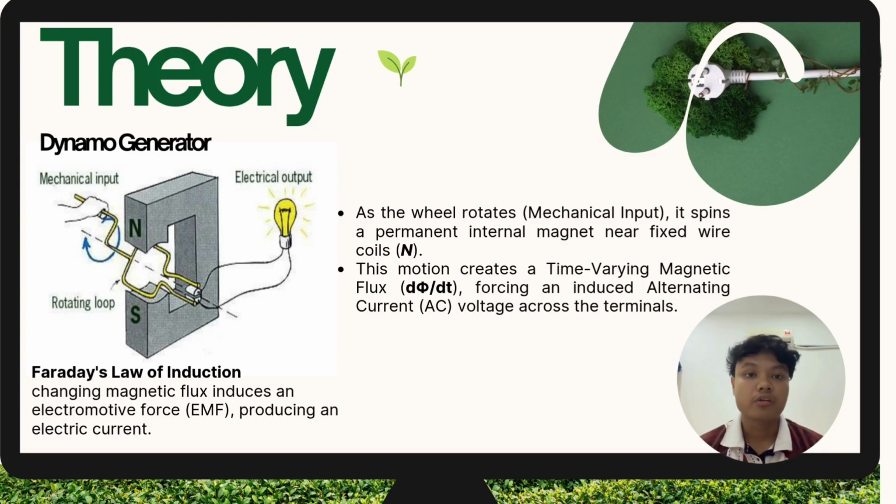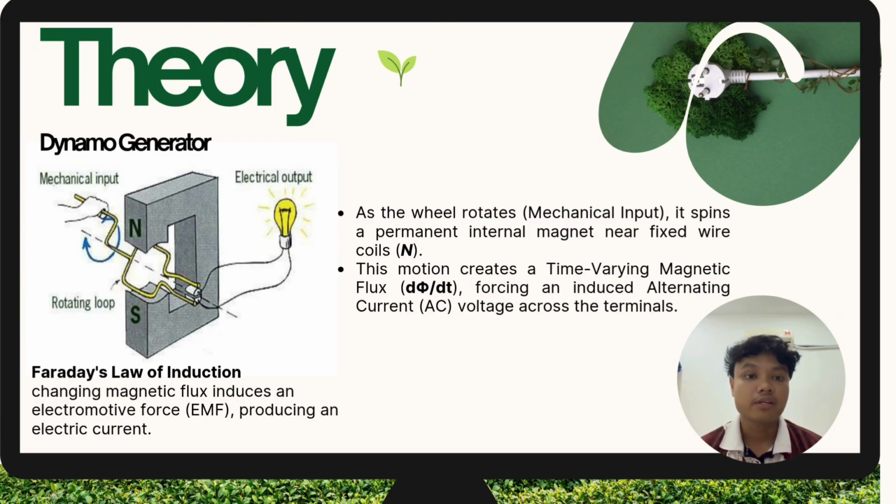According to Faraday's law, a changing magnetic flux induces an electromotive force, which is EMF, in the coil. The faster the rotation, the greater the rate of change of magnetic flux. As a result, there is a higher induced voltage.